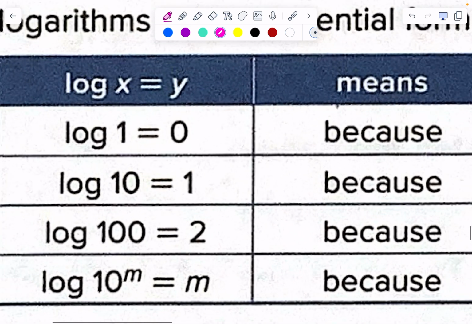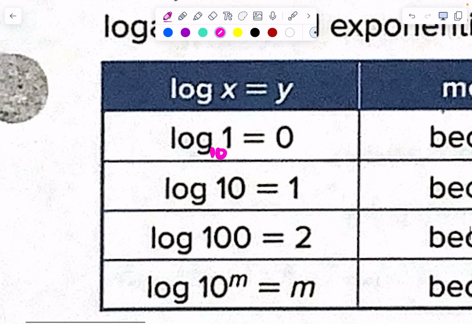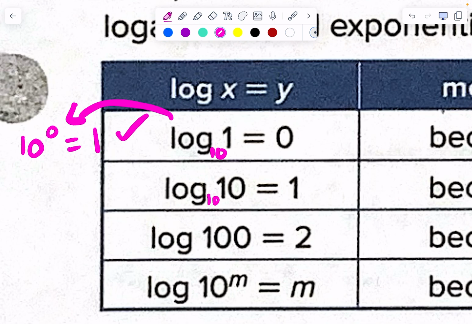Log of 1 equals 0. The base of this log is 10. This is in log land. If I convert this to exponential, what's the base going to be? 10 to the 0 power equals 1. Is that true? Yep. Check. This is a base of 10. This guy says 10 to the first power equals 10, right? The first number stays in the same spot.